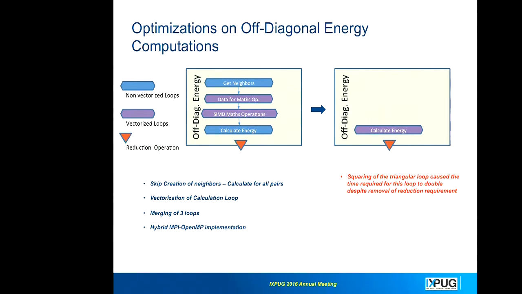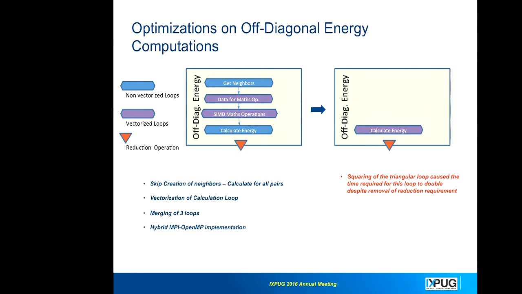So here again, we converted this loop to the OpenMP plus MPI hybrid implementation and removed the neighbor list, and it gave us a very good advantage.